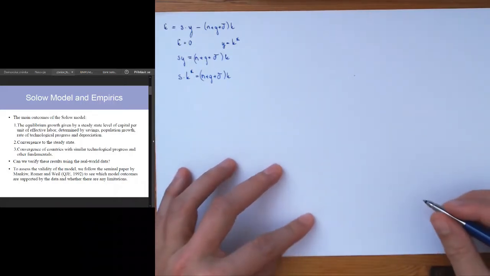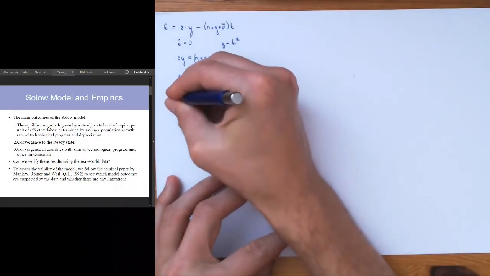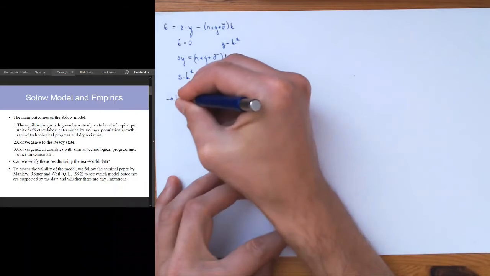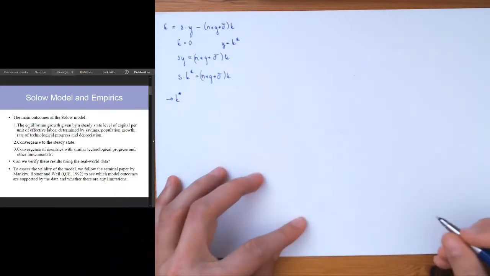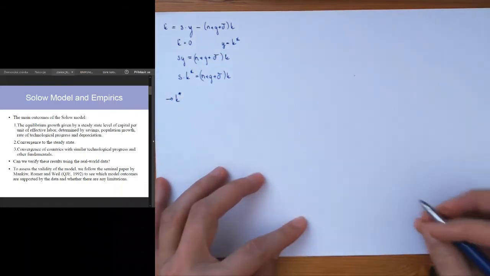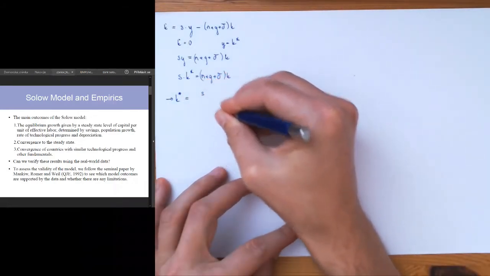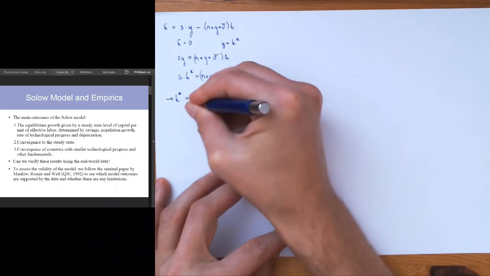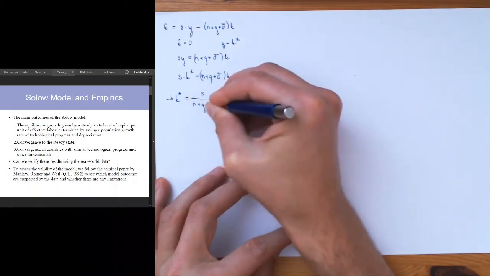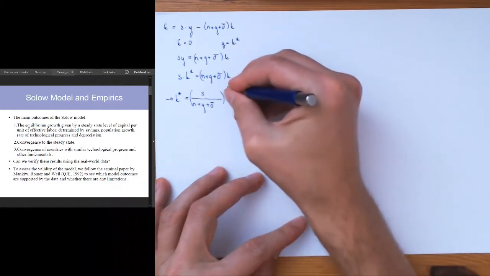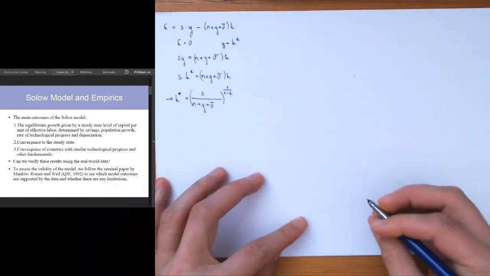And if we do it, we obtain the equation for the optimal level of capital, which we denote as K star. K star equals s, which is a savings rate, over (n plus g plus delta), to the power of 1 over 1 minus alpha.